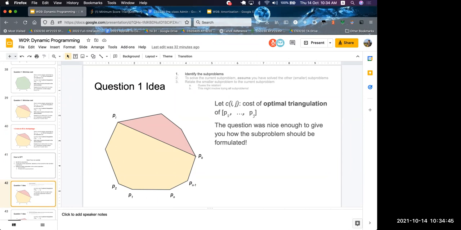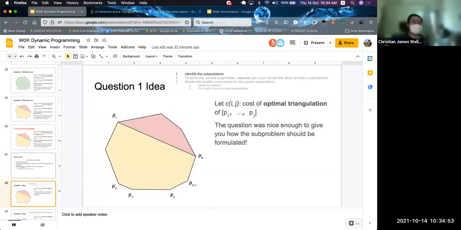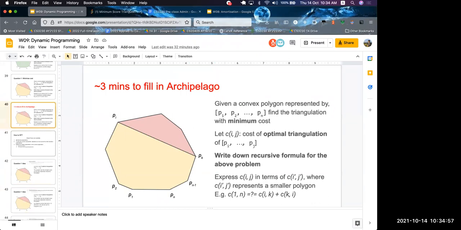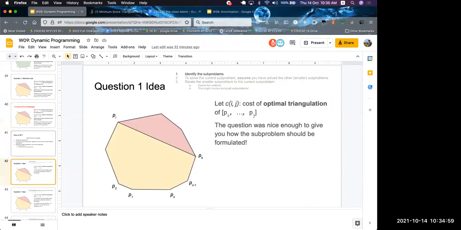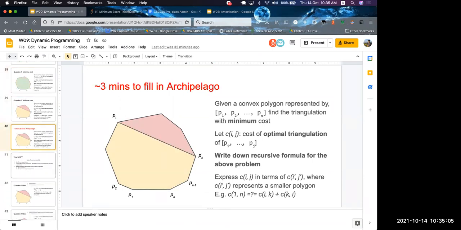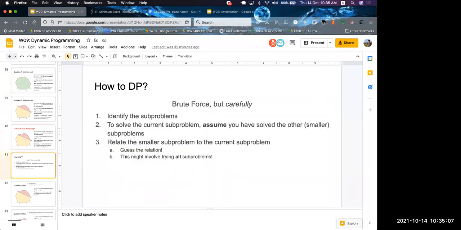So I was just wondering how we know that we can come up with this new K. At least the question in the slides was very confusing. I was wondering how you know that you're supposed to come up with a new point K.